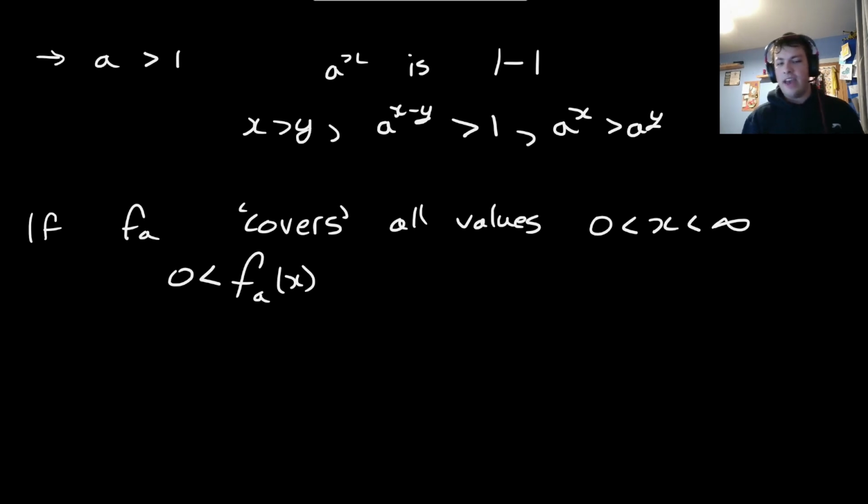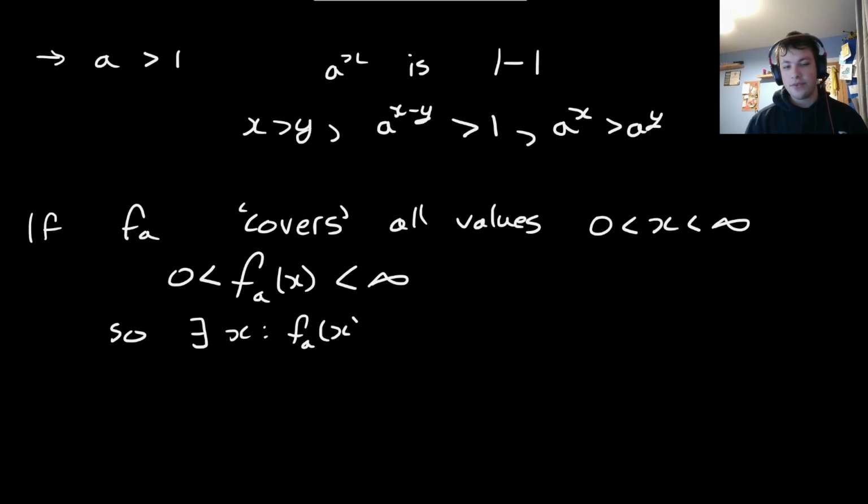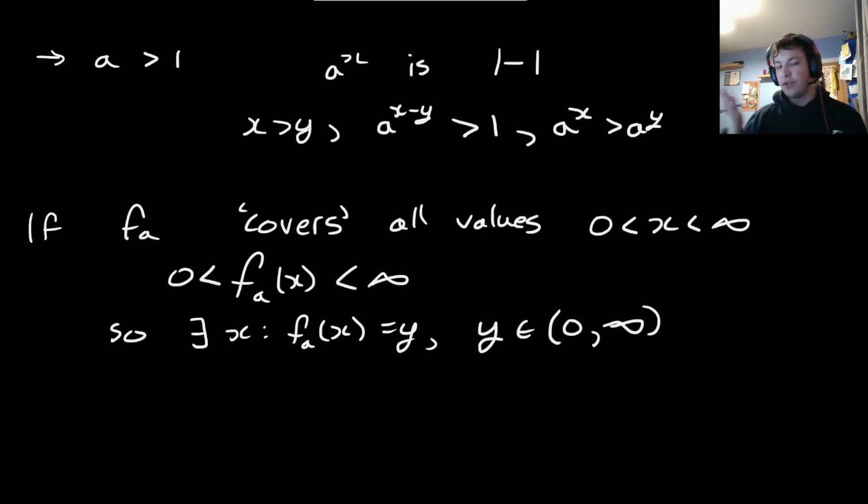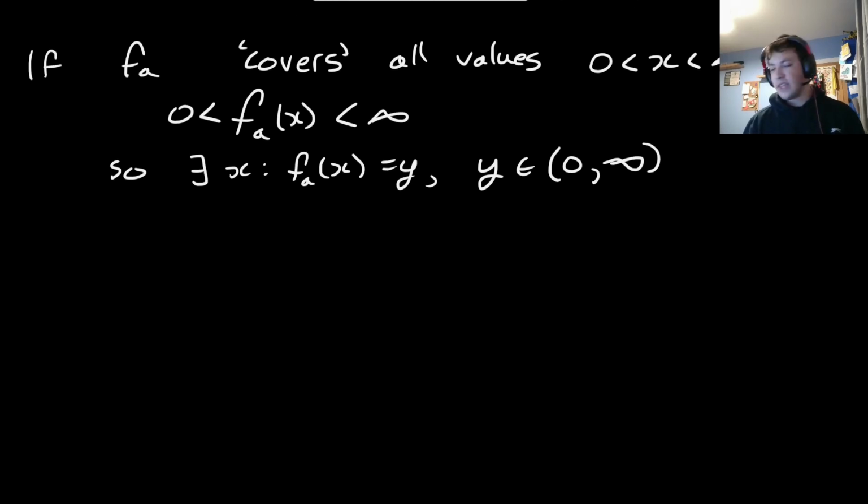You can't say fa of x is always greater than 0.1 because you can always just move x down by 1 and divide by a, and less than infinity. And so there always exists x such that fa of x equals y, where y is in this open interval from 0 to infinity, not including 0 and infinity. And so a to the x is invertible, and we call that inverse log a of x, and a to the log a of x is equal to x.